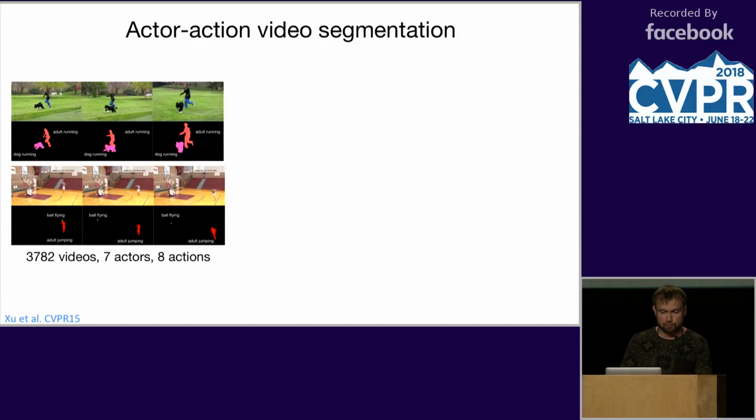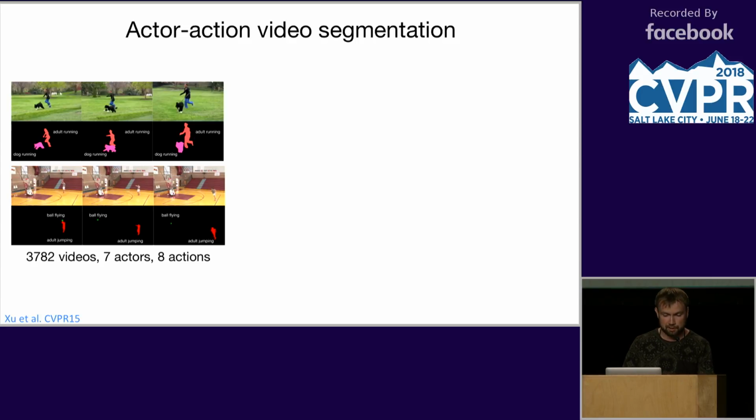There is also work concentrated on actor and action video segmentation. They use a predefined set of classes. So in 2015, Xu et al. proposed a dataset with 4,000 videos with seven actors performing 8 different actions.